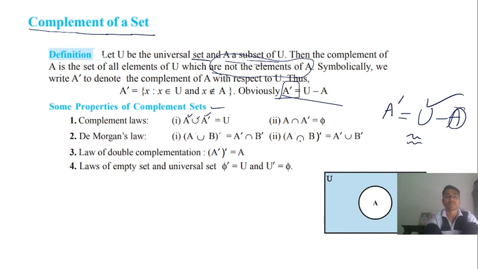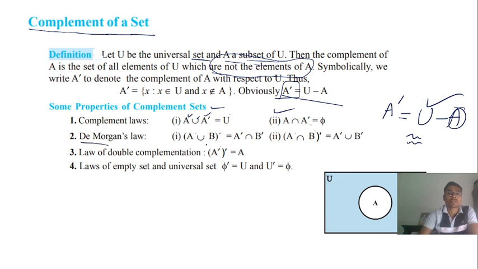The second law: A intersection A dash is phi. If you want to find the common elements in A and A dash, you will get nothing common. So A intersection A complement is phi.